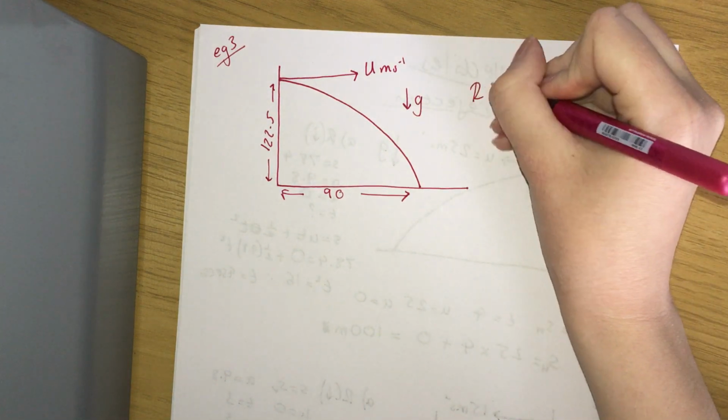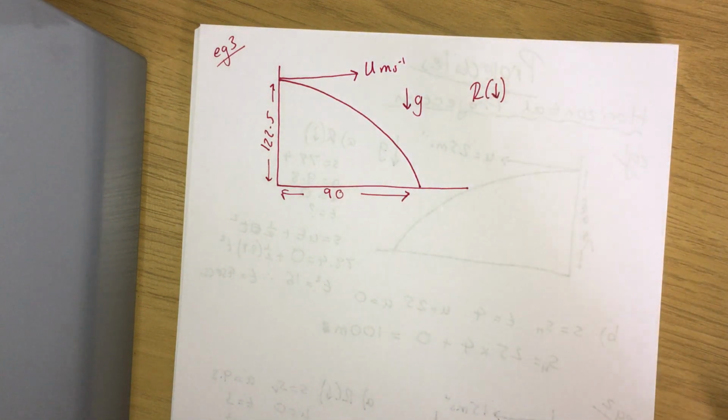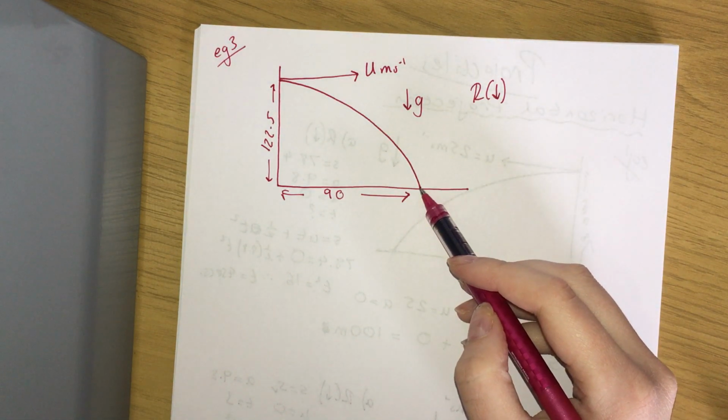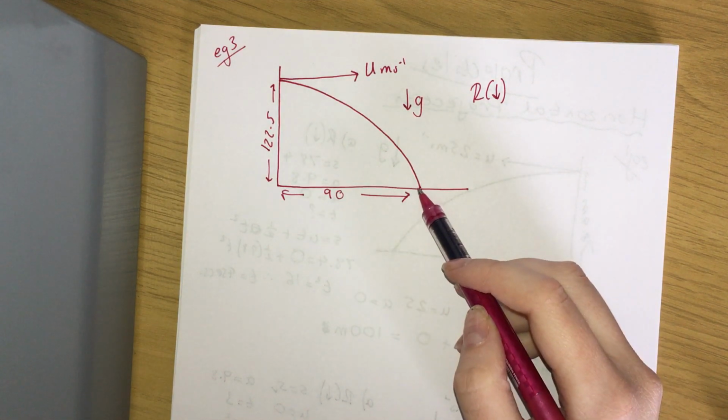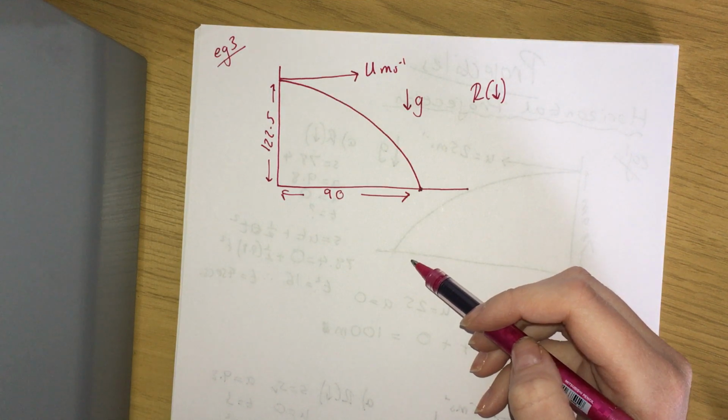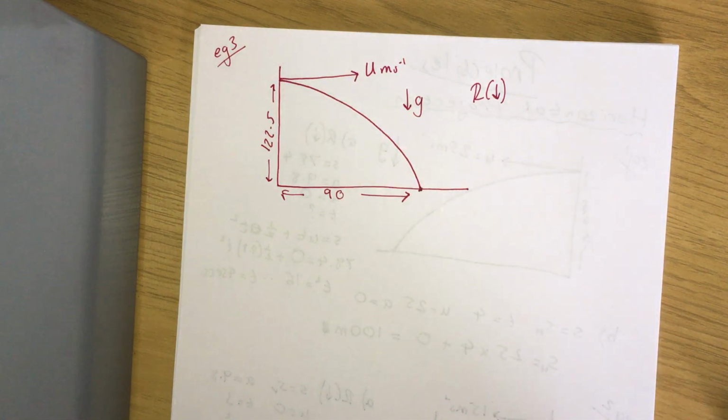So I'm going to resolve vertically. Now what I'm going to do is just think about what information that I have or need. Time is going to be the useful thing to find for when it lands on the ground, because time is consistent for both the horizontal and the vertical components. So it does make it a lot more straightforward and sensible to work that out.